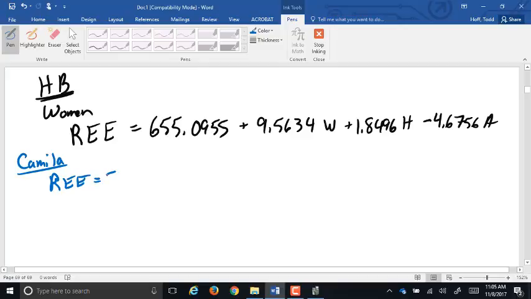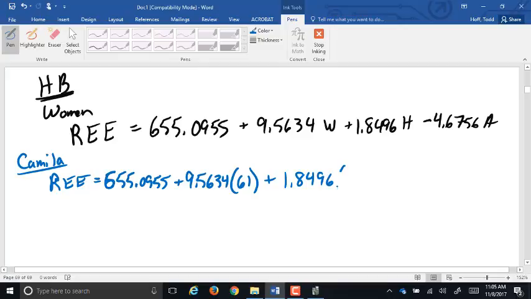For Camilla, it'll be 655.0955 plus 9.5634 times her weight, which is 61 kilograms, plus 1.8496 times her height, which is 165 centimeters, minus 4.6756 times her age of 30.